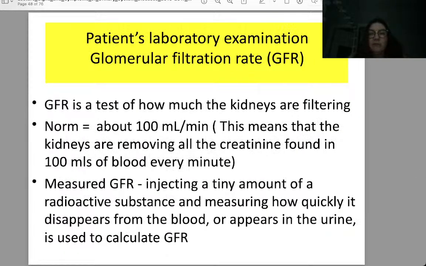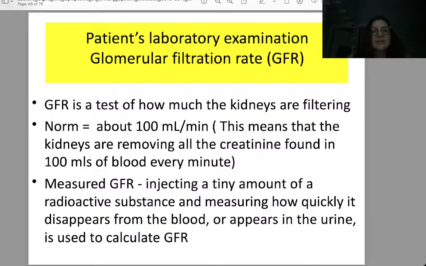Okay, checking GFR. I told you that it is one of the most important tests. We can measure it in several ways, and it will indicate the level of filtration function of kidneys. GFR is a test of how much the kidneys are filtering. Normal is about 100 milliliters per minute.